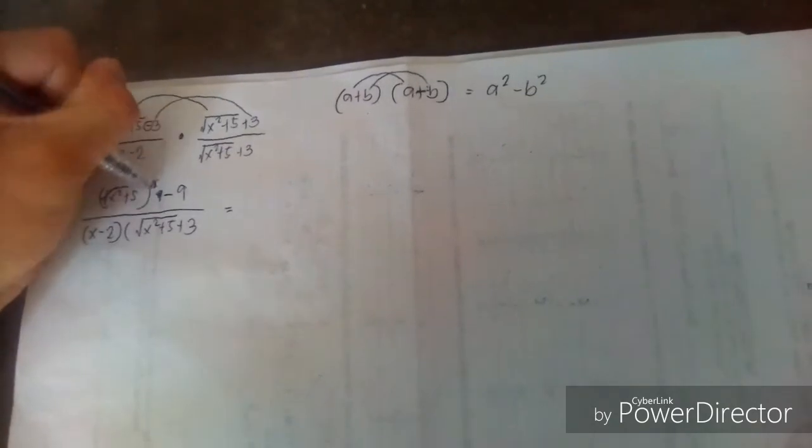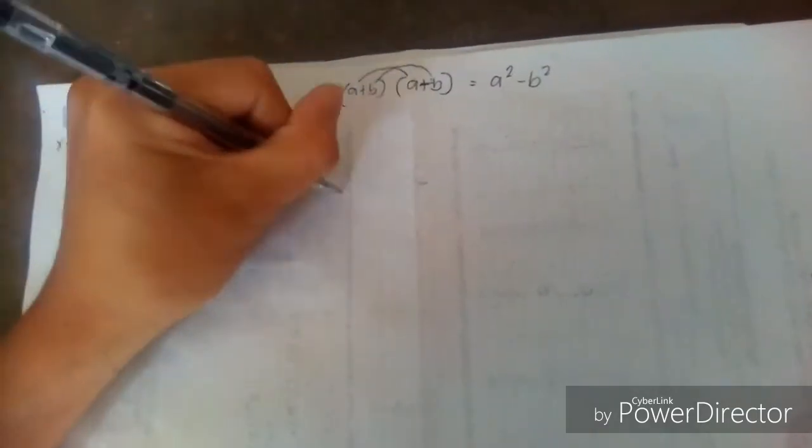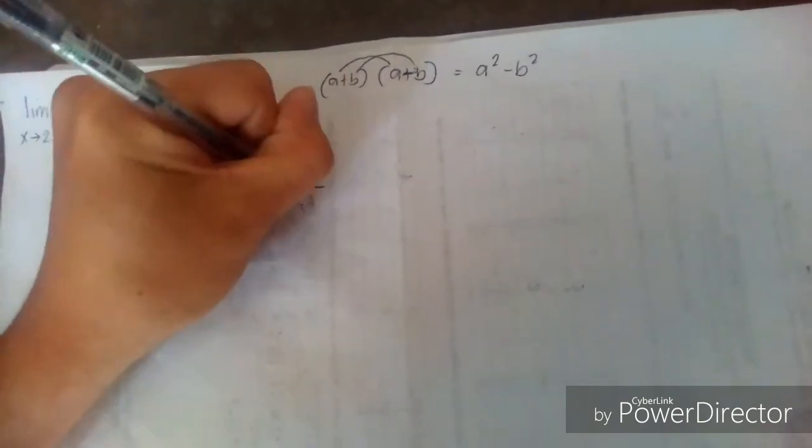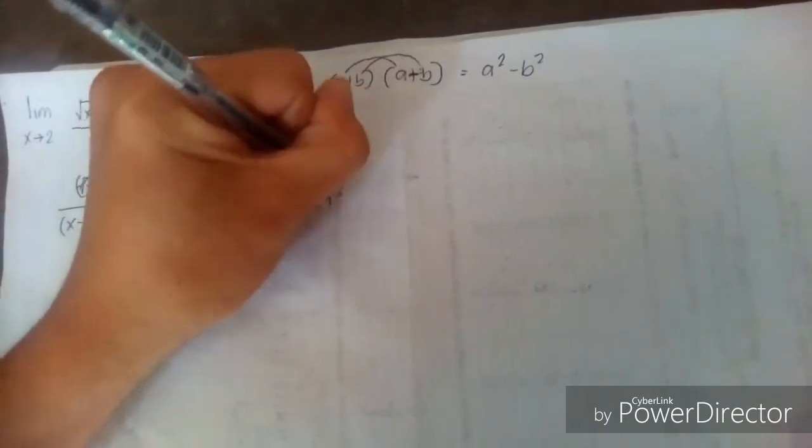Okay, next, we will cancel the radical sign. So, x squared plus 5 minus 9 over x minus 2 times the square root of x squared plus 5 plus 3.